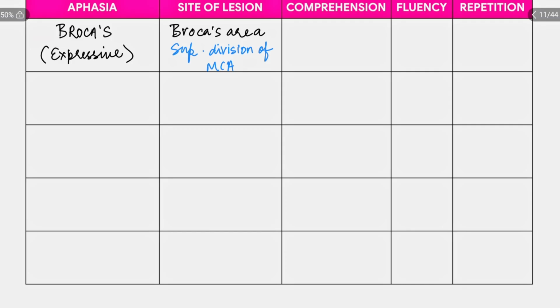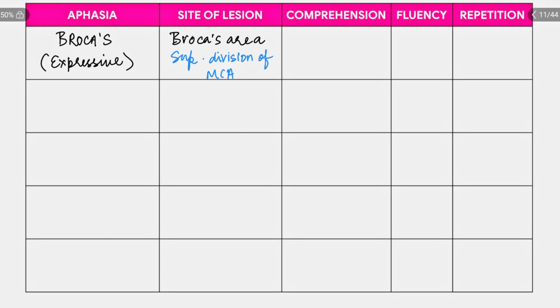So now, Broca's aphasia or expressive aphasia is a lesion in Broca's area or in the superior division of MCA. Now, let's see what will happen to comprehension, fluency, or repetition. I said there won't be repetition. If there is a lesion to Broca's area, arcuate fasciculus, or Wernicke's area, there won't be repetition. So let's mark that first. Now, what about fluency?